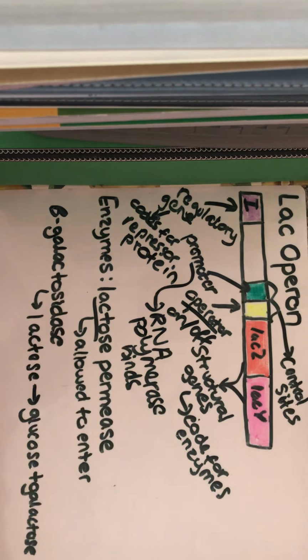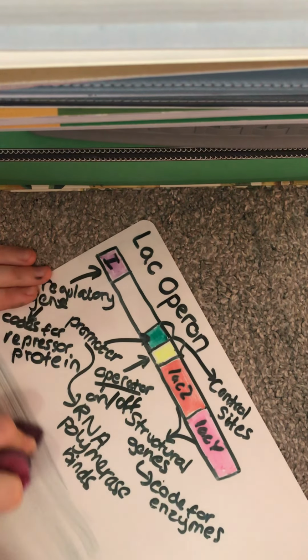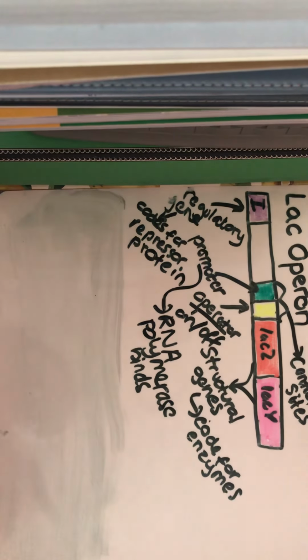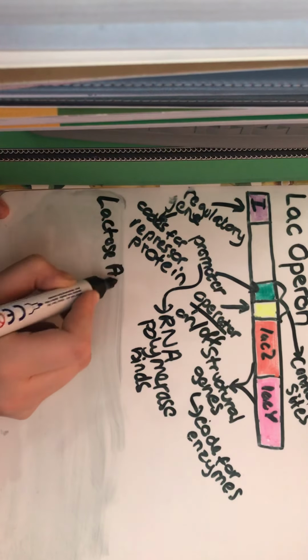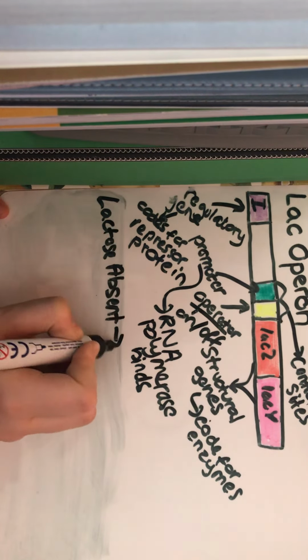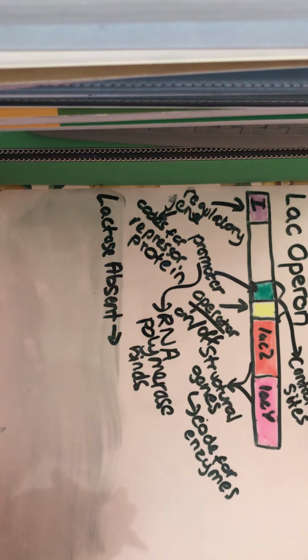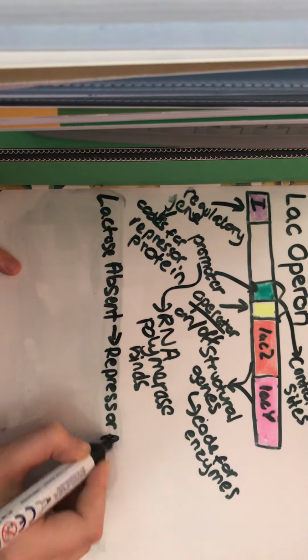So, when lactose is absent, I'm going to create a bit more room on the board so we can look at this. When lactose is absent, the regulatory gene codes for the repressor protein. So we've got our repressor protein.